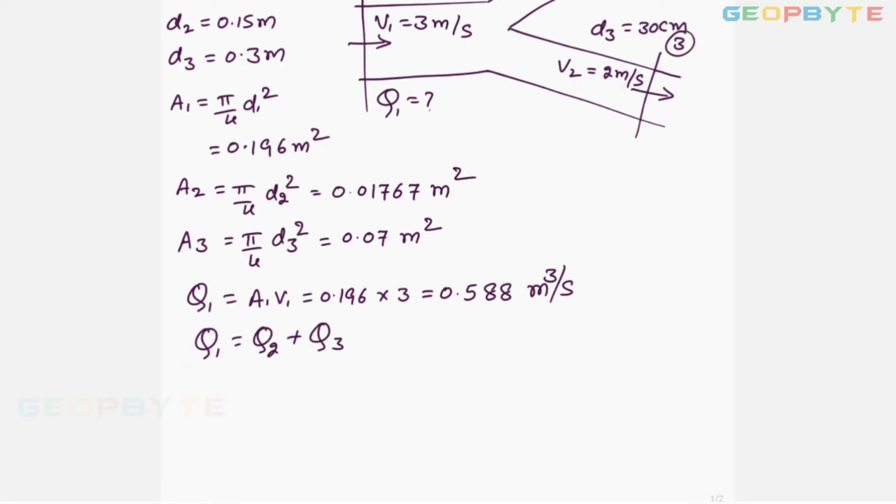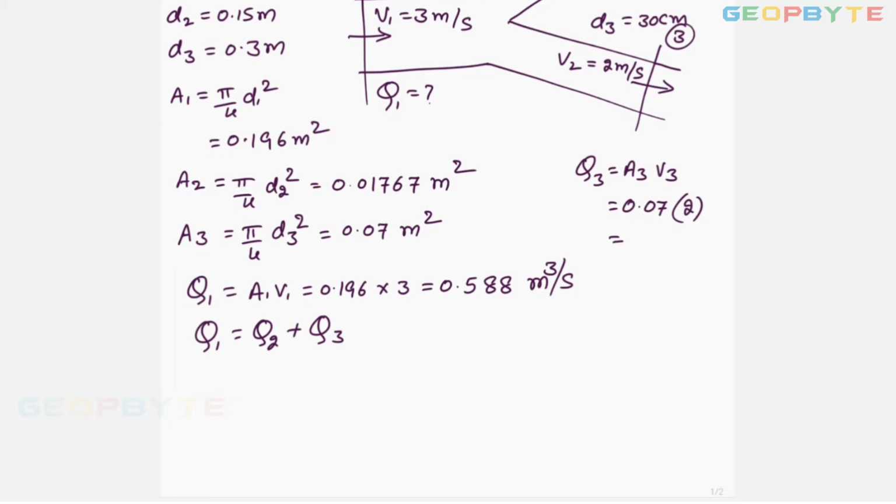From this, of course, we can find the Q3. Q3 equal to a3 into v3, a3 0.07 into v3 2. Simplify this value for getting the Q3 0.14 meter cube per second.